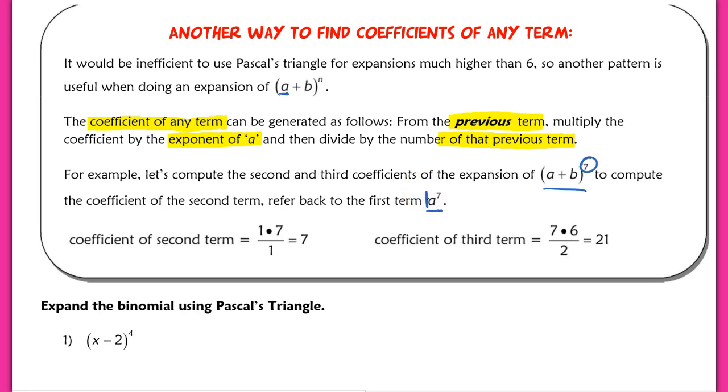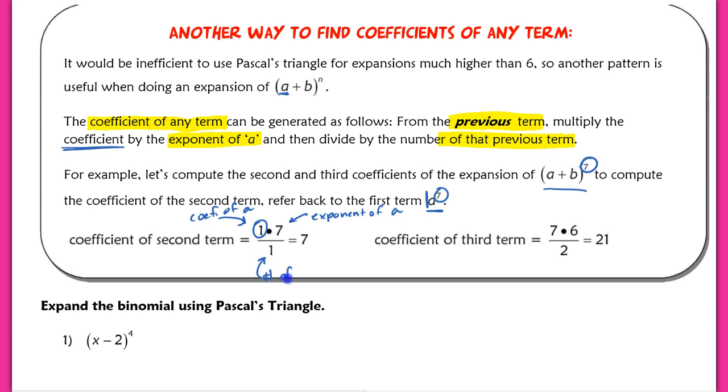So I'm going to use the coefficient of a. Again, it says multiply the coefficient by the exponent of a, and the exponent of a here is 7. Now we divide by the number of the previous term.